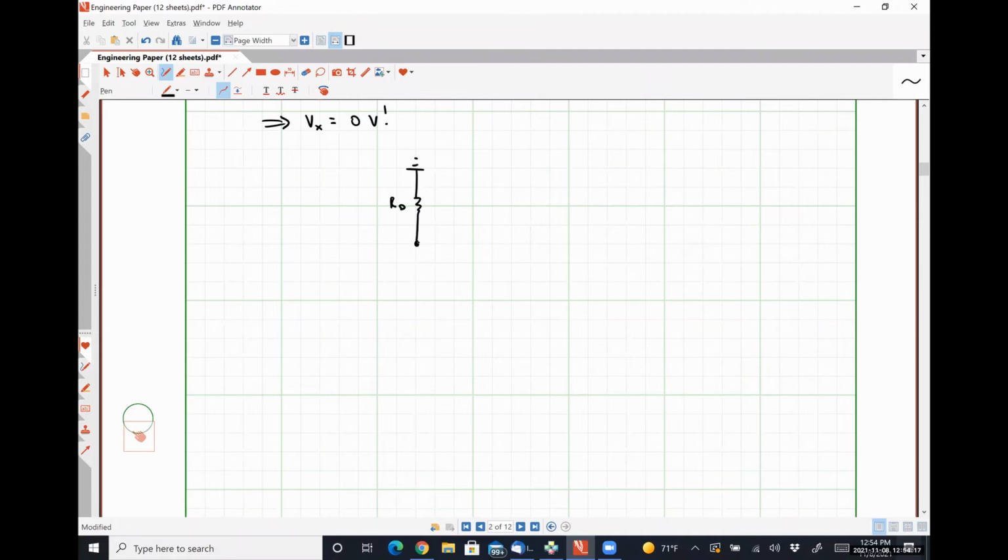RD. Here's VODM1. One half VIDM plus minus VGS1.